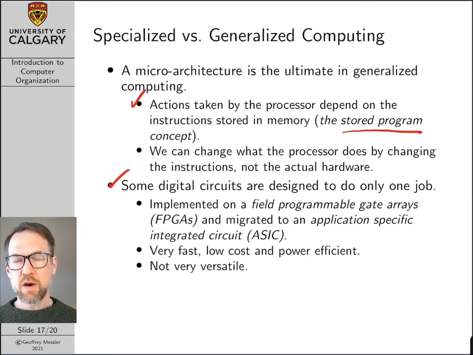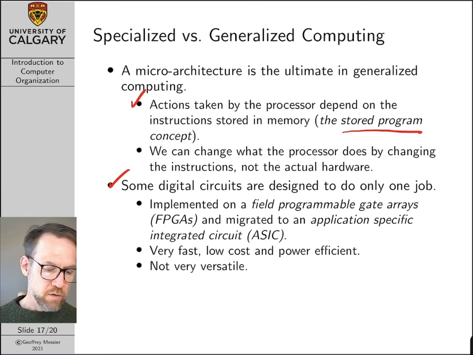These are specialized digital designs that do things like, for example, the chip that takes information and transmits it over an Ethernet port, or the chip that receives Wi-Fi signals and decodes them. Those are designs that can do only one thing. So you can't, for example, reprogram a Wi-Fi chip to play a game.